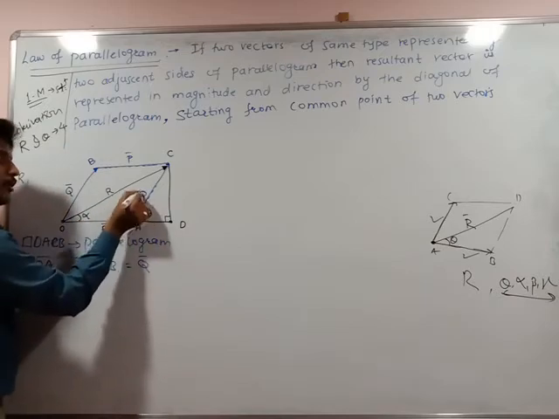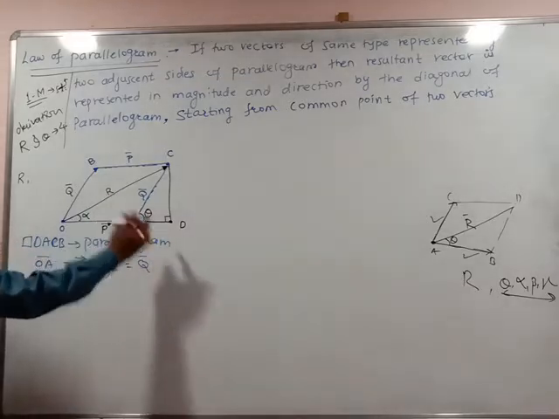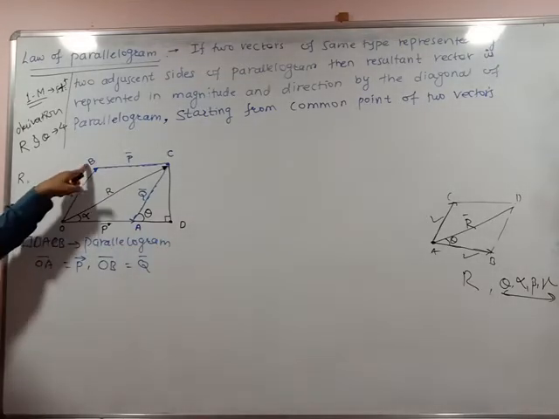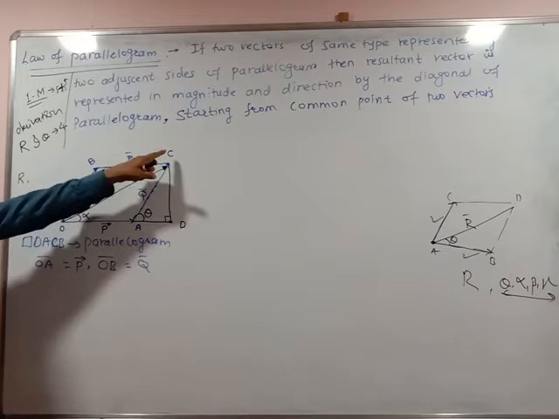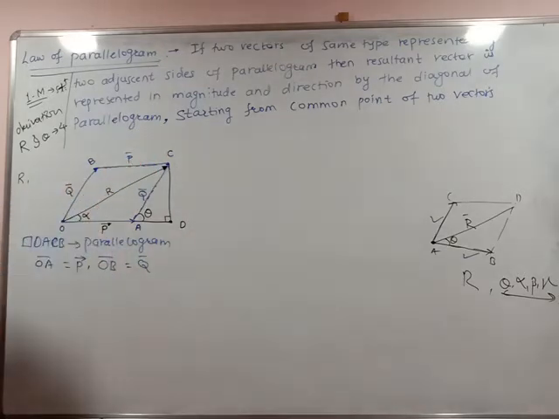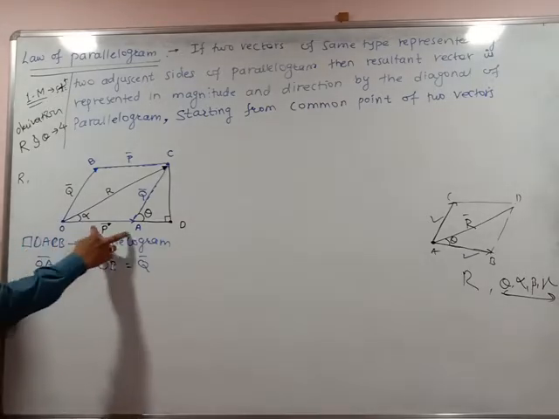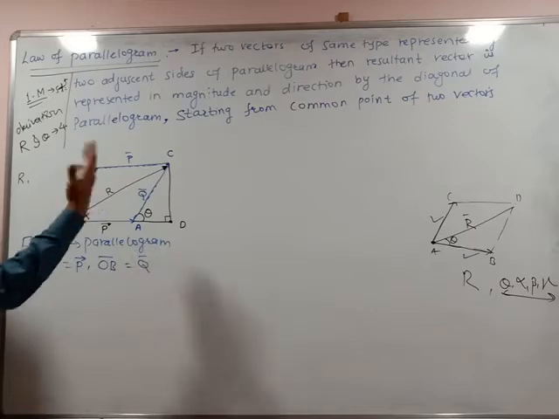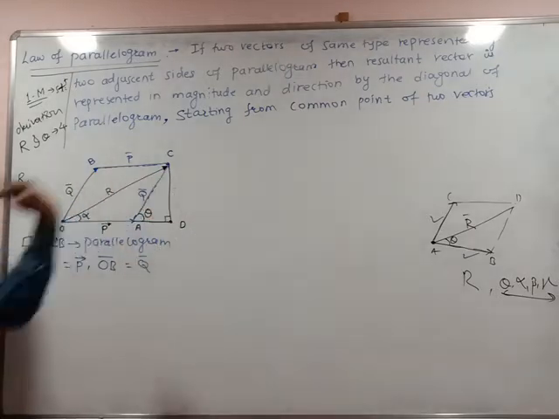So I can draw this line with the vector Q bar. So OB is Q bar, AC is Q bar, OA is P bar, and BC is P bar. Same values.